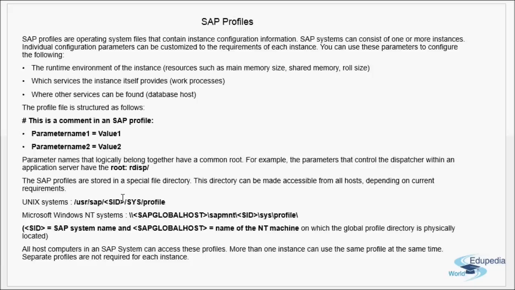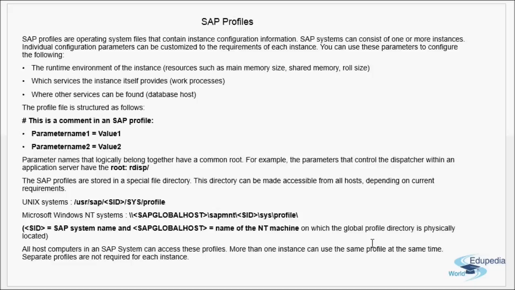In Windows NT systems, it is \\SAPGLOBALHOST\sapmnt\SID\SYS\profile, where SID is the SAP system name and the SAP global host is the name of the NT machine on which the global profile directory is physically located.